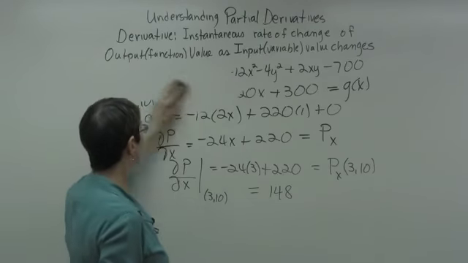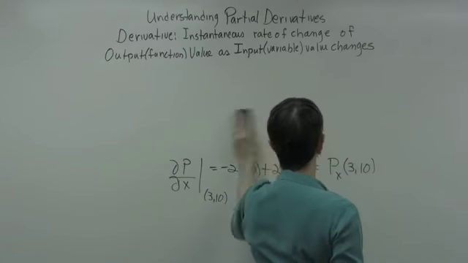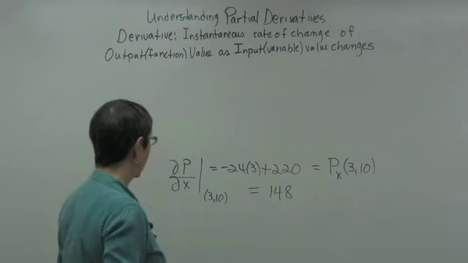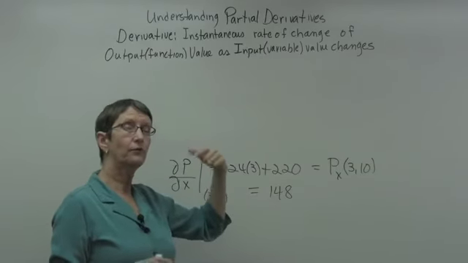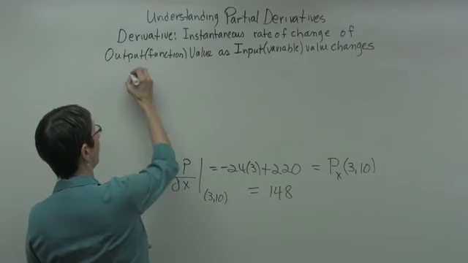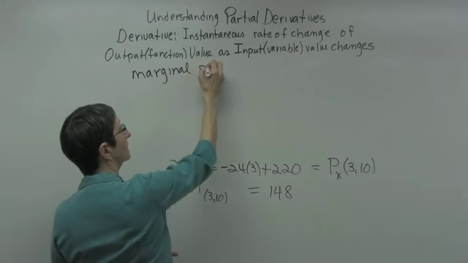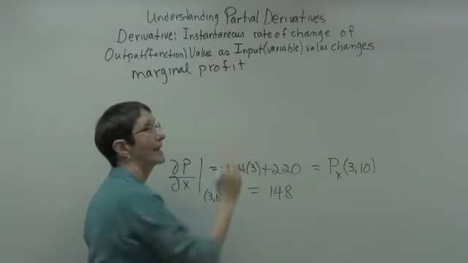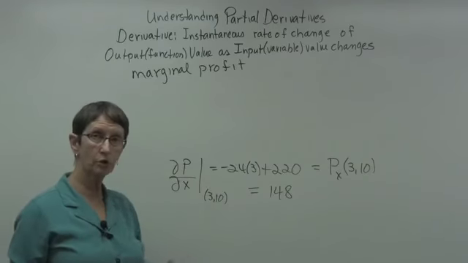So when you have a function like this, the wording is important as far as what the meaning is. Remember that a rate of change is for one more item. This is actually also marginal profit because it is a change in profit with respect to an item or a quantity that is produced and sold. So I do have marginal profit.